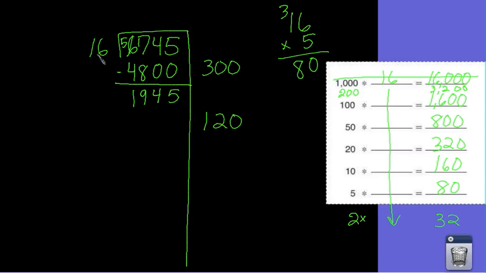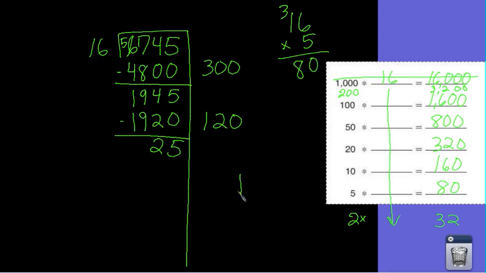120 times 16 is going to be 1,600 plus 320, which would be 1,920. And I subtract, and I get 25. 32 is too big, so that tells me that I can only get one more group of 16 from 25.